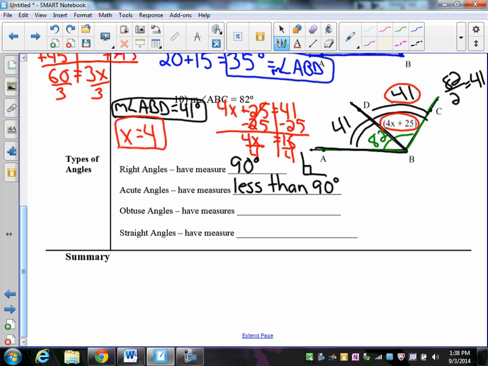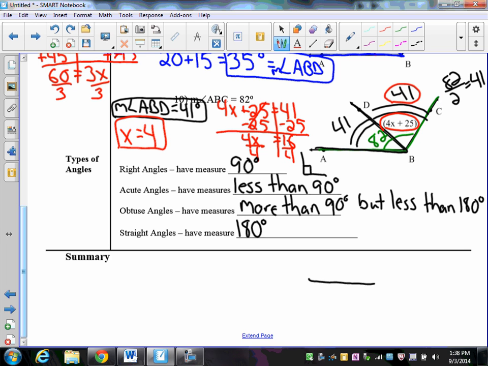Obtuse angles, they're the big ones, have measures more than 90 degrees, but less than 180 degrees. And straight angles have measure 180 degrees. A straight angle is a line. 180 degrees. That's it for section 1-4.